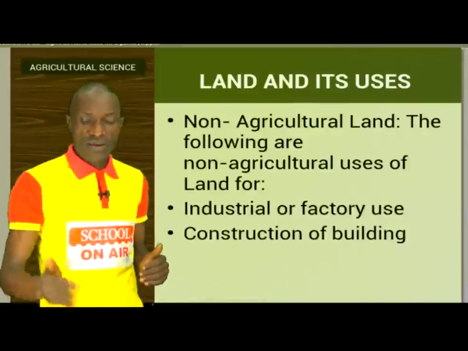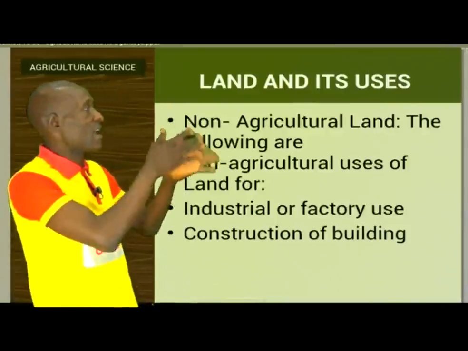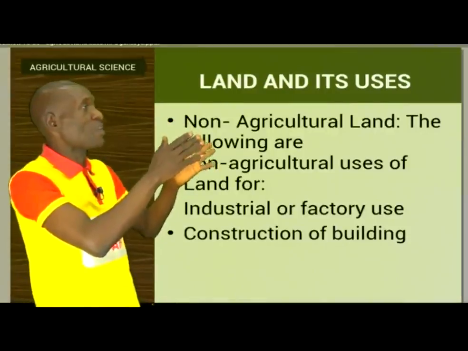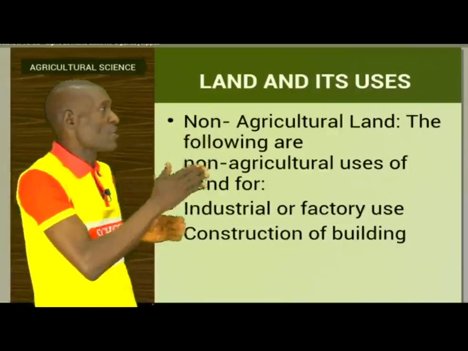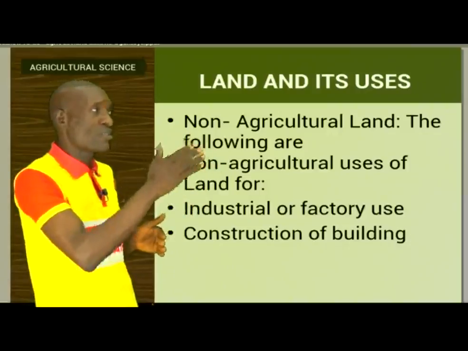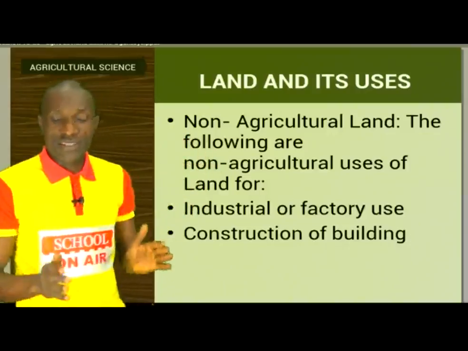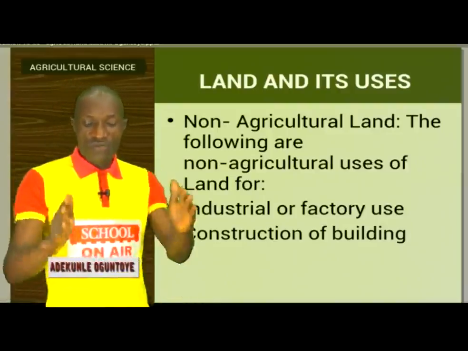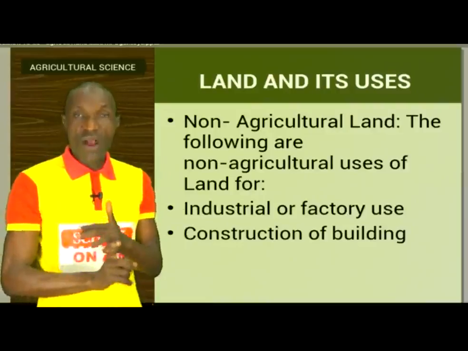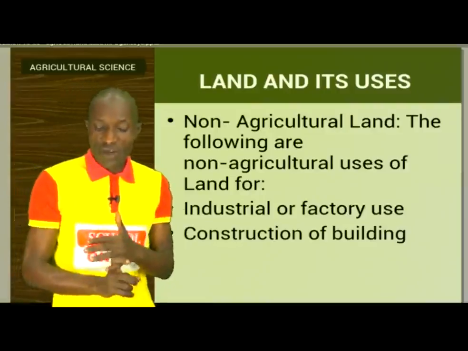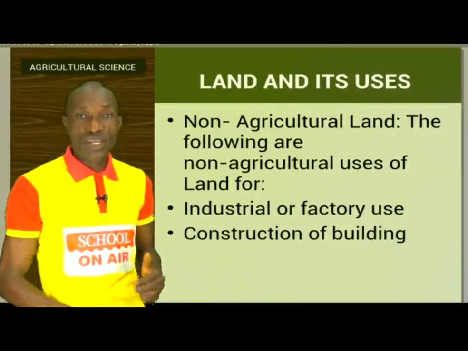And the non-agricultural land is the land that is being used for non-agricultural activities. The following are non-agricultural uses of land, that is, the land is used for the following activities. One, you have land used for industrial or factory use.